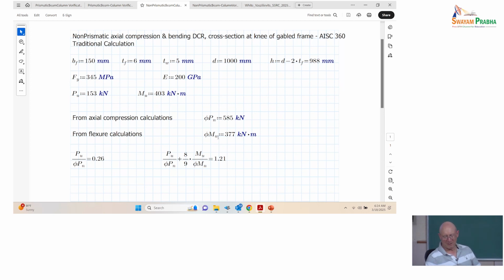We can get a flexural resistance, and then we put it together, right? So we basically do separate calculations. What's the member's strength under pure axial compression? What's the strength if we don't have any axial compression and we just have the bending part? All right, so that's the traditional calc.